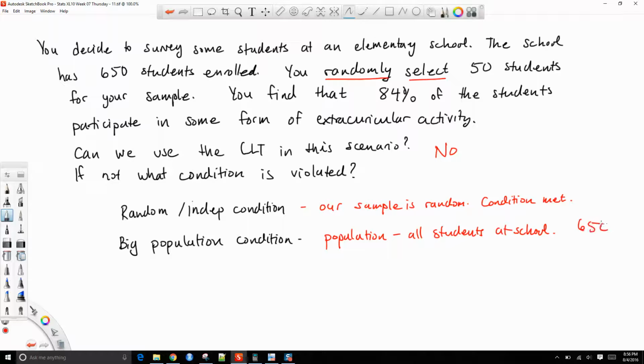And we have 650 of them. And our sample has 50 students, okay? So the population is greater than 10 times our sample. Okay, so condition met.